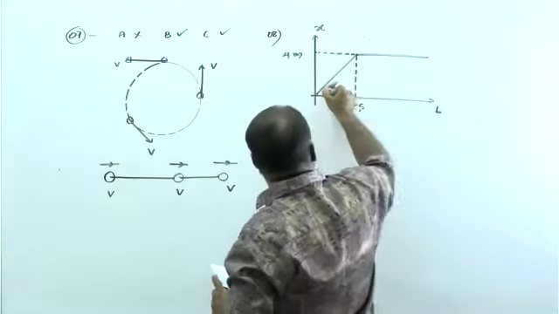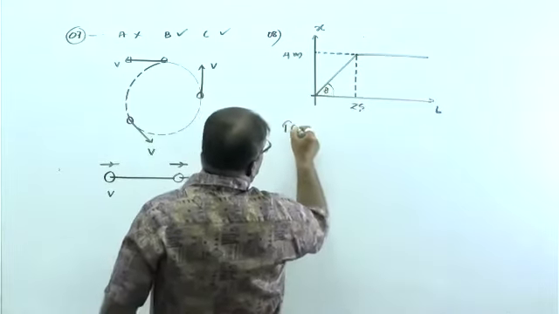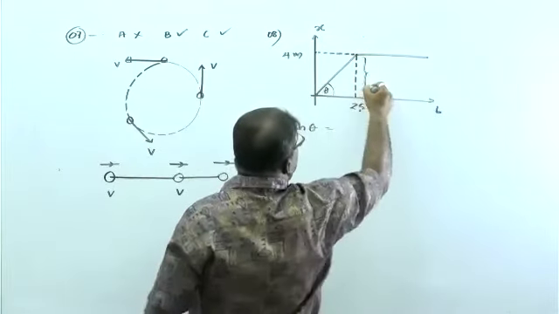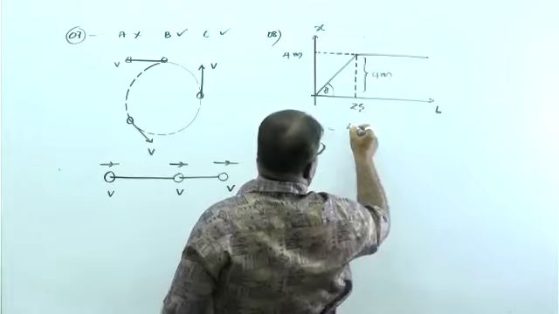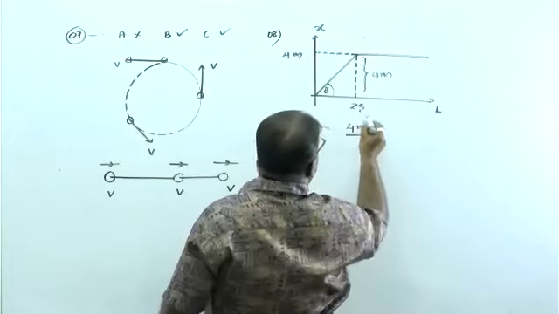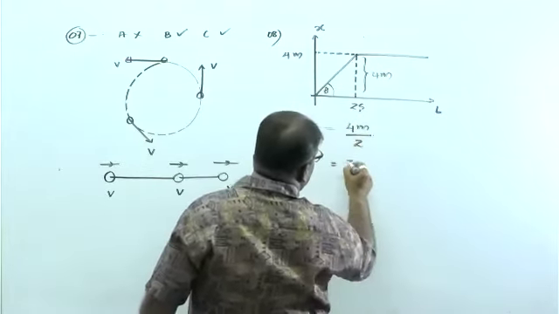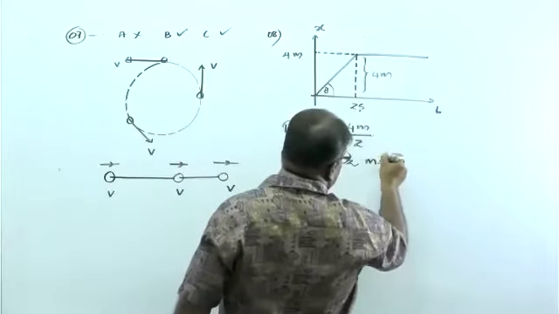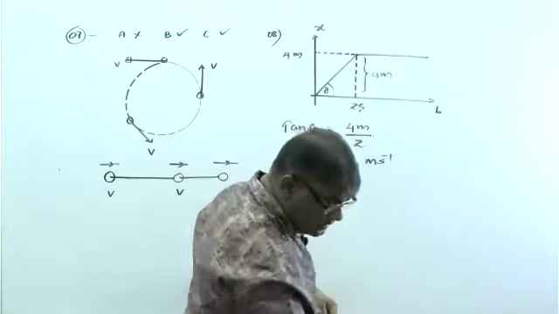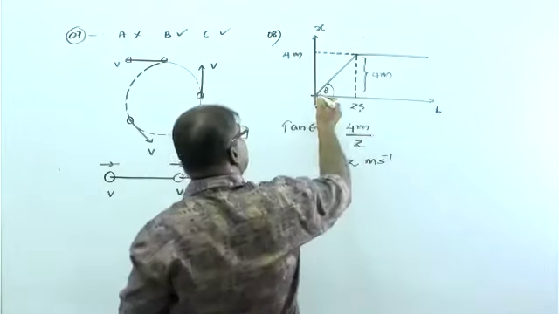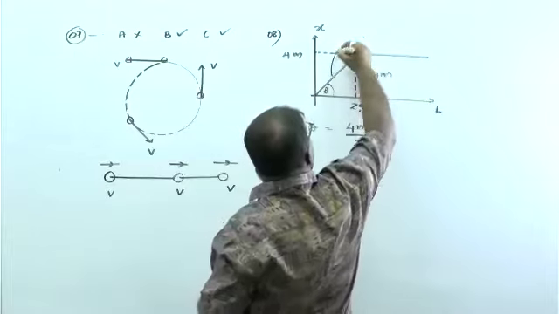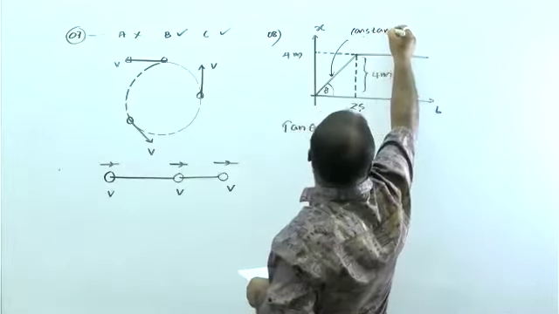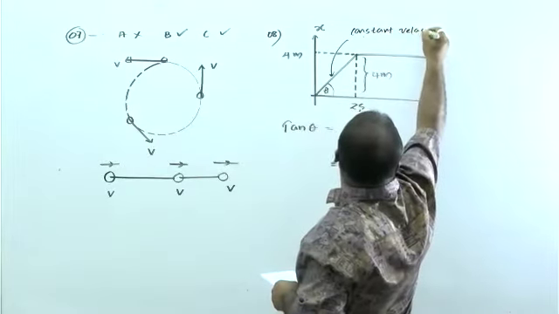Then by considering this gradient, tan theta, you will have opposite 4 meters divided by time 2, it becomes 2. Displacement divided by time is velocity, right? This line from here to here represents constant velocity.